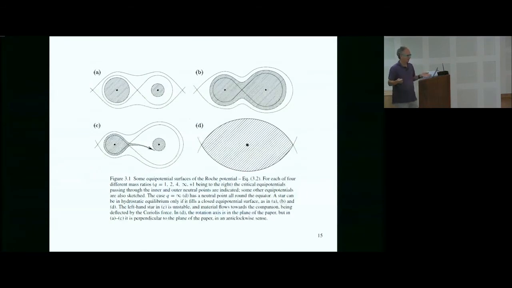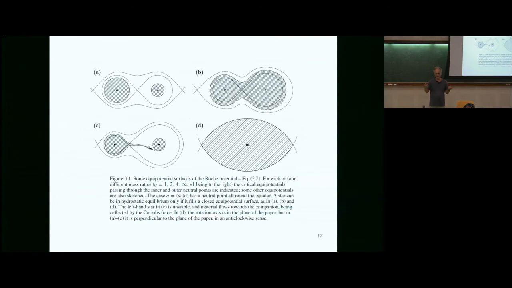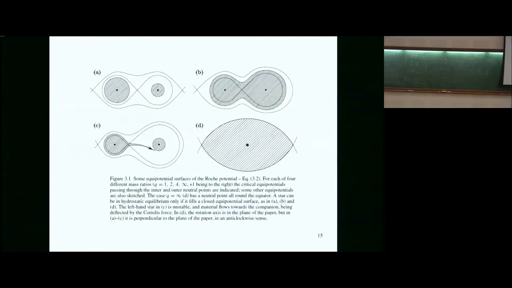Now that we have the shape of the Roche lobe potential, we know that there is a function like that, and we have some approximations. Let's try to estimate when a star will fill its Roche lobe. What are the conditions for filling the Roche lobe?